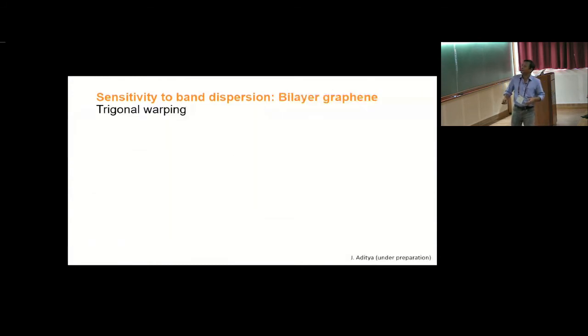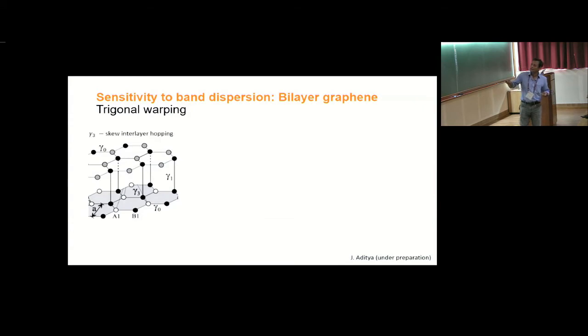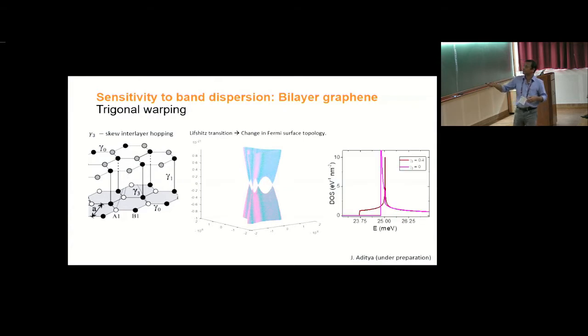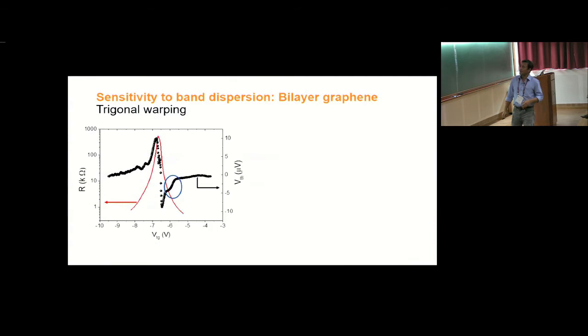Recently, what happens in case of a bilayer graphene is this gamma 3, the skew interlayer hopping, essentially the interactions between the next neighbors, and that leads to a trigonal warping of the density of states at low energy. So that usually leads to a kink over here. And normally in the resistance versus gate voltage characteristics, you see the red one, absolutely you can't make out anything at all.